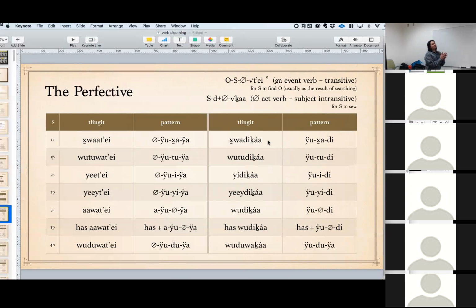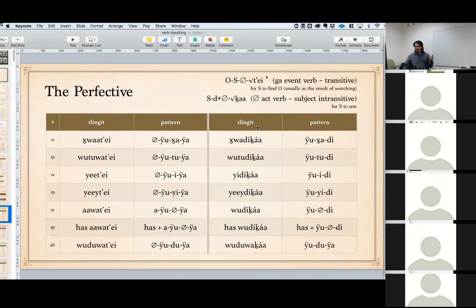Yeah, because our focus here is on the prefix, right? So we see this chwade, watude, yide, yide, would, has, would, wadua. With the exception of the fourth person, the di could be tle, si, shi, gli, zi, or ji. And all that's going to change is this one letter right here. So for example, we'll just pull the stem right off, right? So the ka is going to go away. That guy's going away.